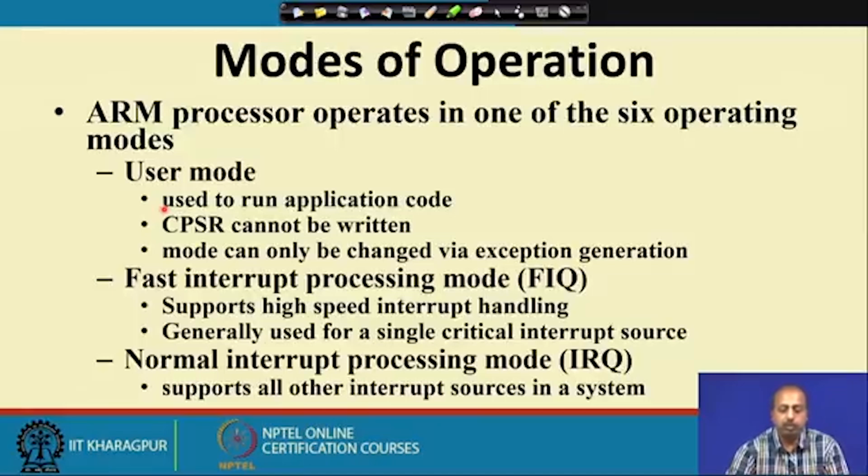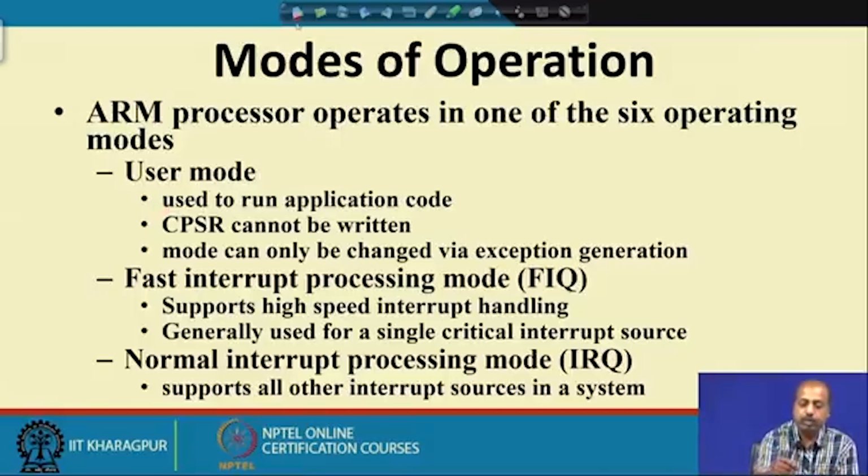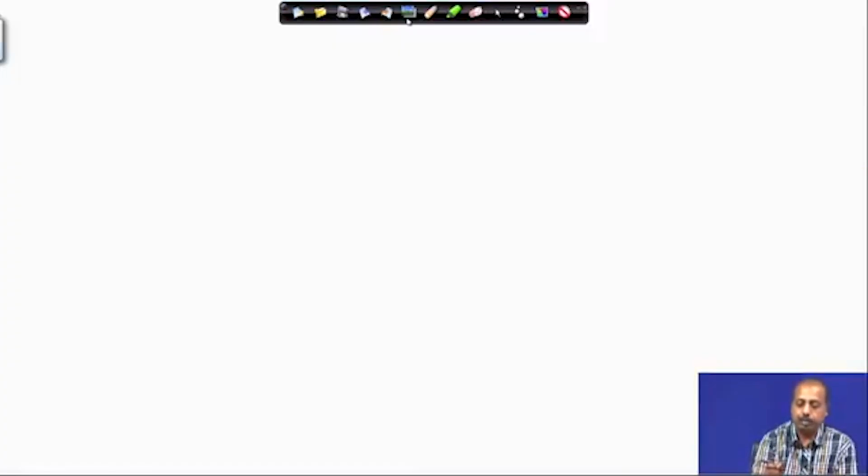If you look into the modes of operation, the ARM processor can execute in different modes. The first one is the user mode, when the program is executing some application code. In general, whenever you are looking at processor operation, the operations can be classified into different categories, and the basic mode is the user mode of operation.